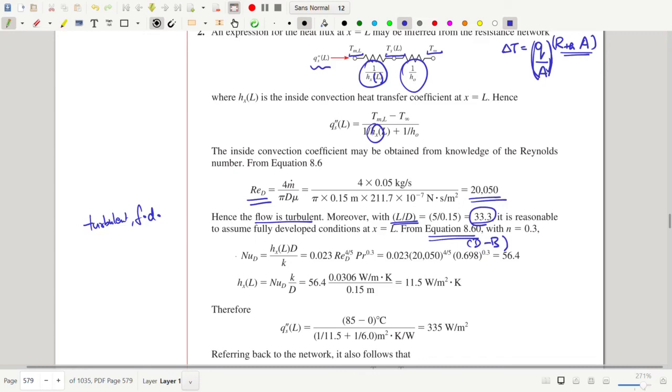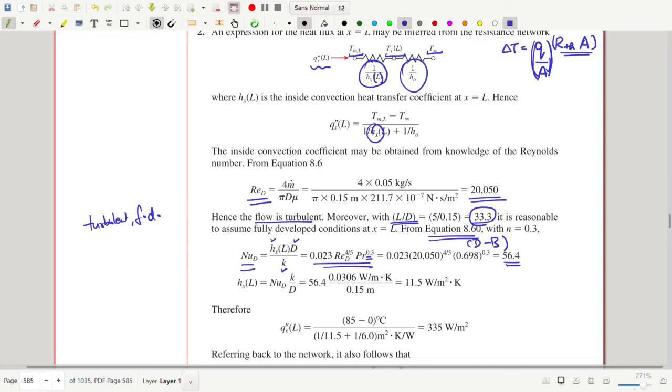So we use this correlation to calculate the Nusselt number. The Nusselt number is the local Nusselt number here, which is the local heat transfer coefficient times D upon the K. If we put n equal to 0.3 as you see here, that gives us a Nusselt number of 56.4.